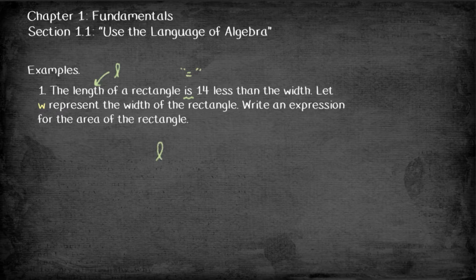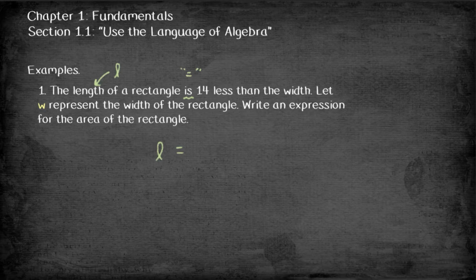So here's what we have so far. L equals 14 less than the width. So if we go back to our phrasing for subtraction, you'll see that this is subtraction.